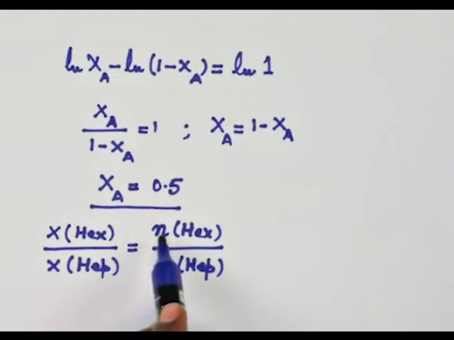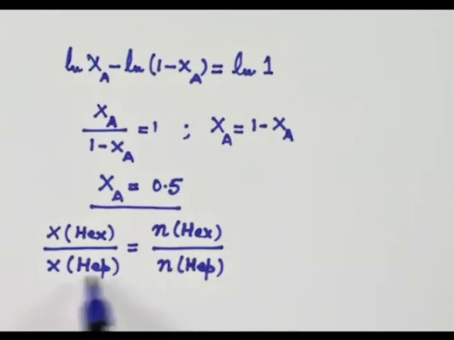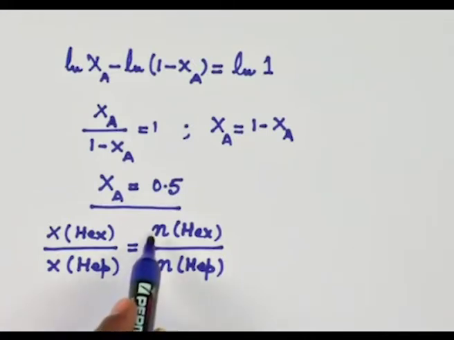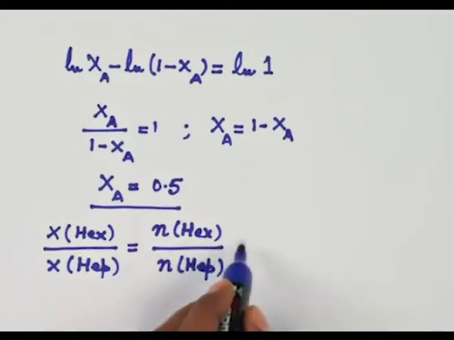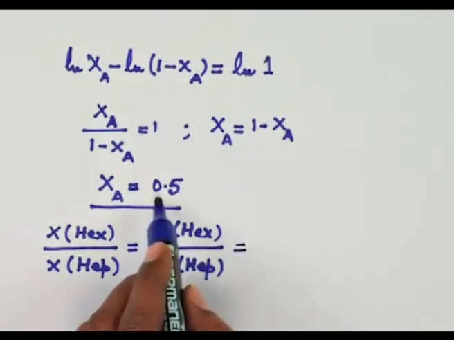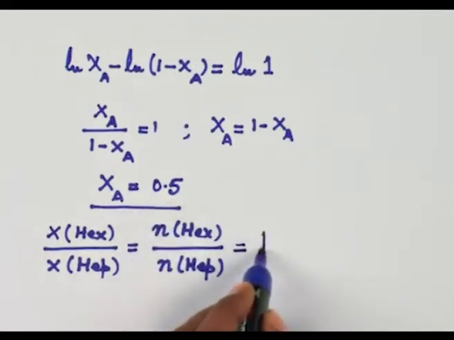Mole fraction of hexane is the number of moles of hexane divided by the total number of moles, and similarly the mole fraction of heptane is the number of moles of heptane divided by the total number of moles. The totals cancel out. Therefore, the number of moles of hexane divided by the number of moles of heptane, since each mole fraction is equal to 0.5, is equal to 1.